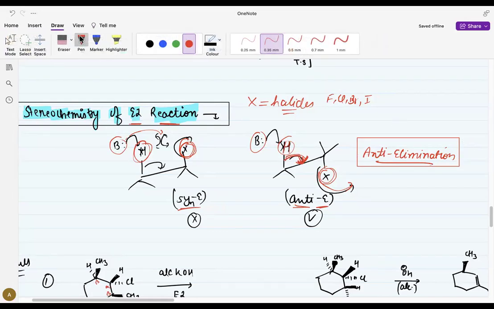E2 elimination में हमारे पास एंटी एलिमिनेशन होगा। एंटी का आपको पता लगा, एंटी मतलब ऑपोजिट साइड। You have learned in conformation, कन्फर्मेशन में एंटी पढ़ा, गॉच पढ़ा, स्टैगर्ड, स्क्यू, एंटी। This is Newman projection formula. If I attack from hydrogen this side, it will make double bond here and it will remove X minus. This is sawhorse projection formula.